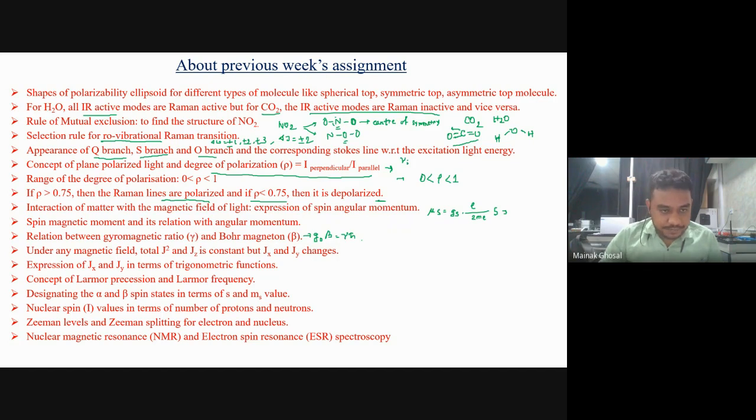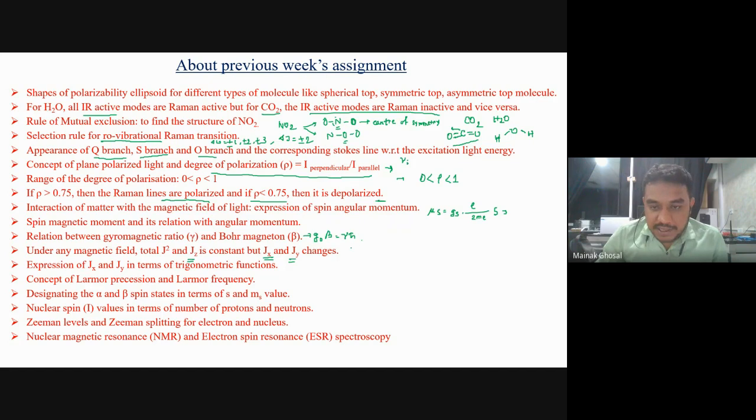Okay, Bohr magneton. And it was shown that the angular momentum vector is in three directions. Supposing the magnetic field is in the z direction, it was shown that jz is constant, but jx and jy actually change.